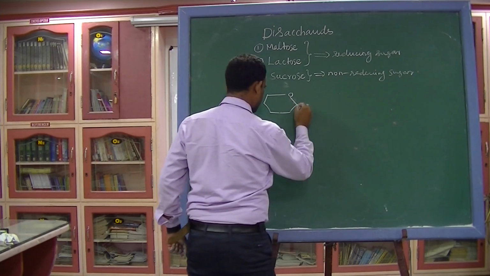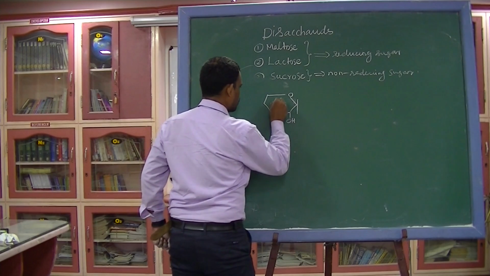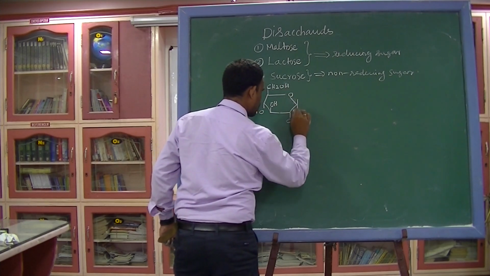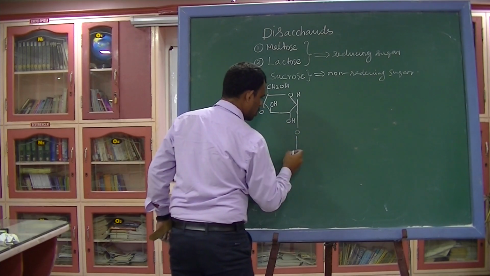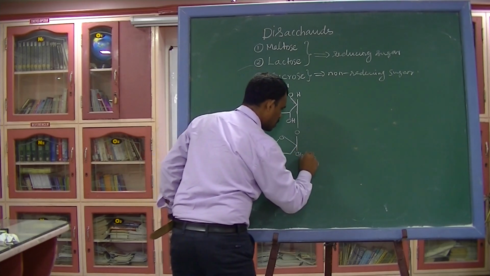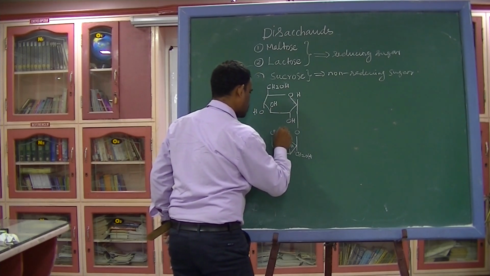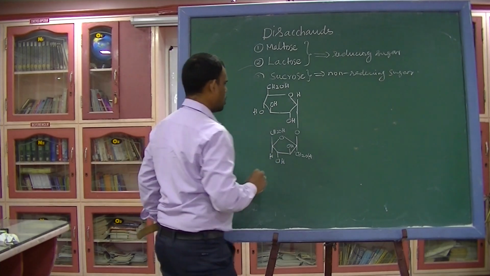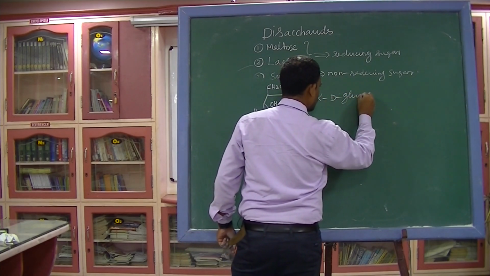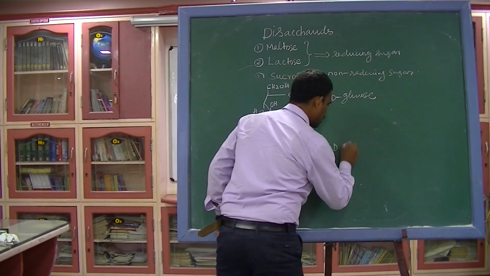You have OH, CH2OH, this H, CH2OH, this is OH, this is OH, CH2OH. In this part you have alpha D glucose and this is beta D fructose.